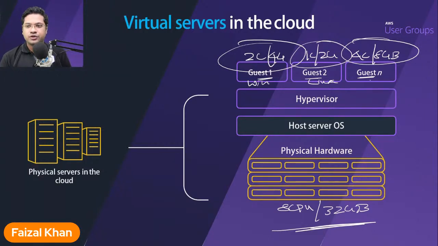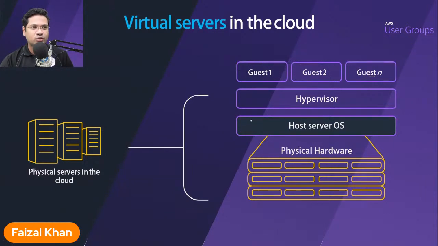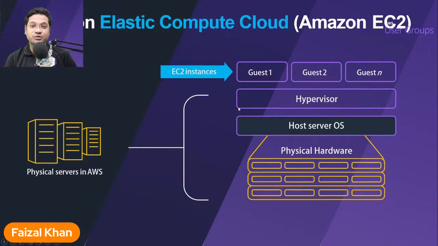Great. So let's talk about how this translates to something like an EC2 instance. All of these virtual servers that you see are basically your EC2 instances. It's basically AWS creating virtual servers for you, which you then use as EC2 instances.